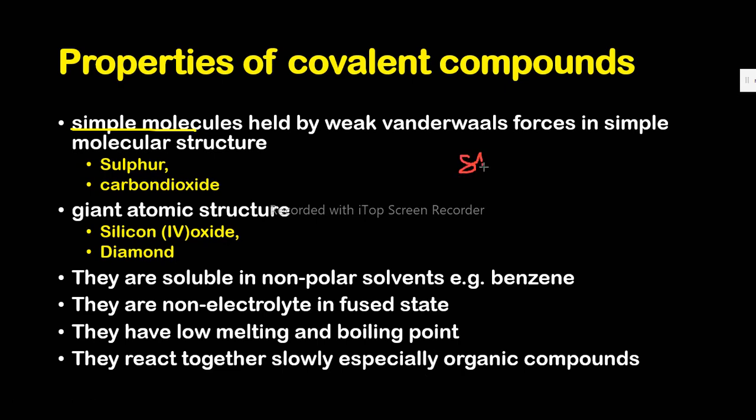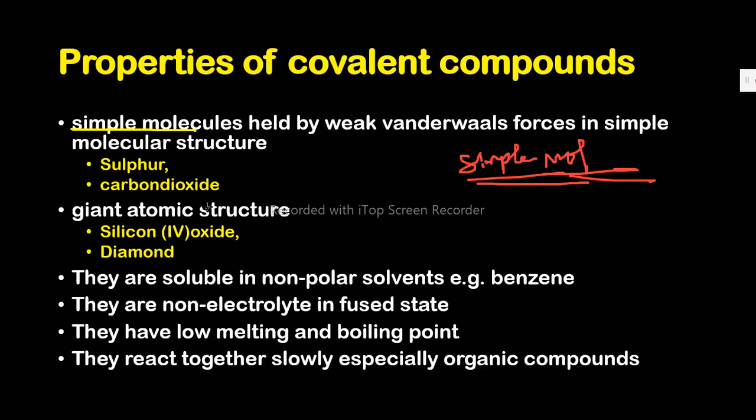They have simple molecular structures. And so basing on this, it will determine their physical properties, the boiling points and melting points. They'll have very low boiling points. Why? Because they just have simple molecular structures.